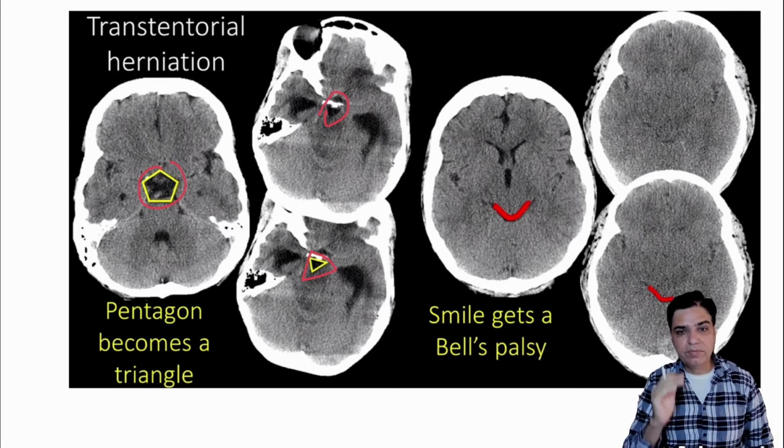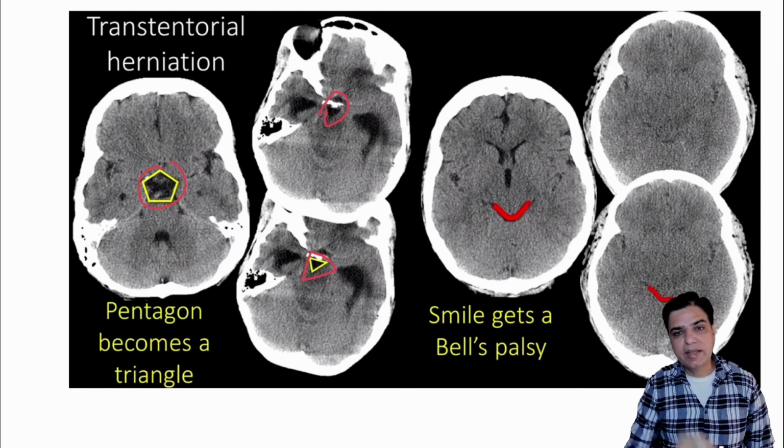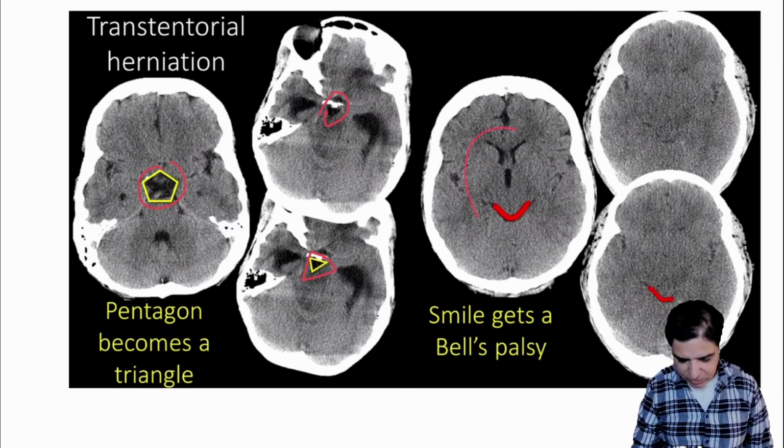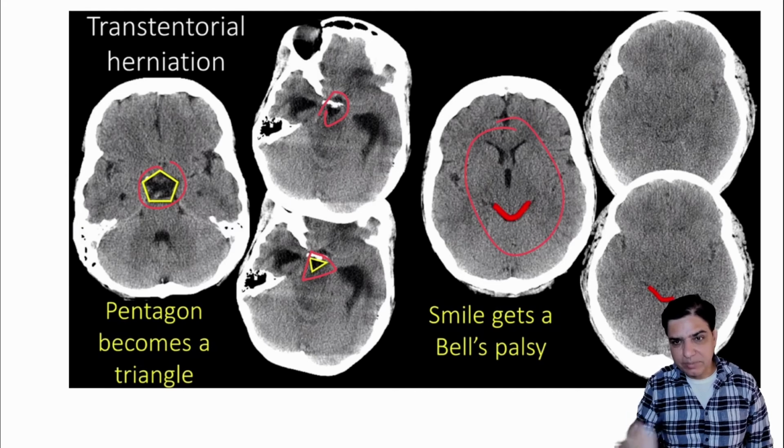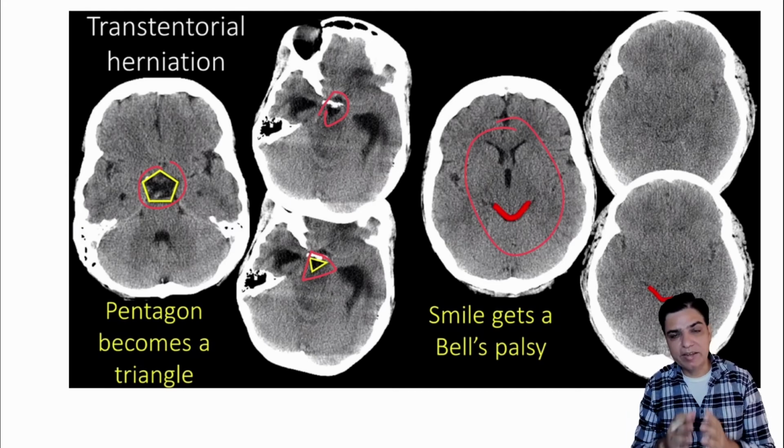Similarly, normally you should see a symmetrical evil smile as far as the quadrigeminal cistern is concerned. If that disappears and there is a smile on one side but nothing on the other side, again there is some form of infratentorial herniation because of pressure effects.